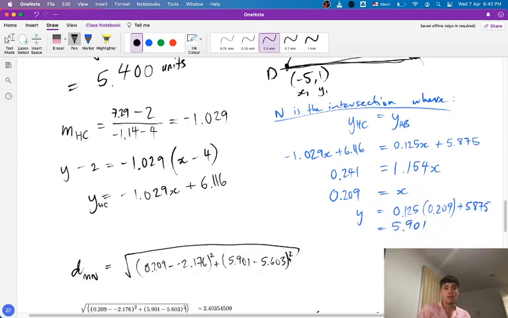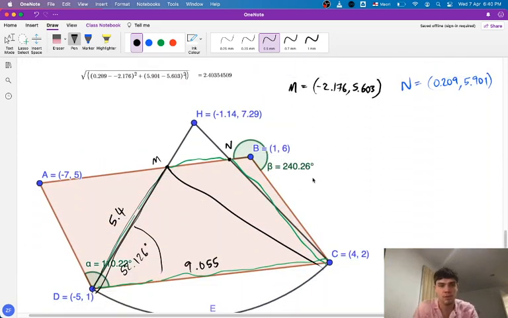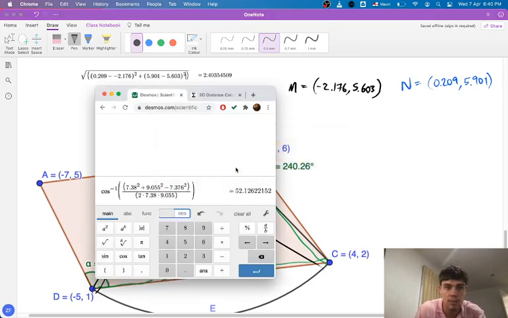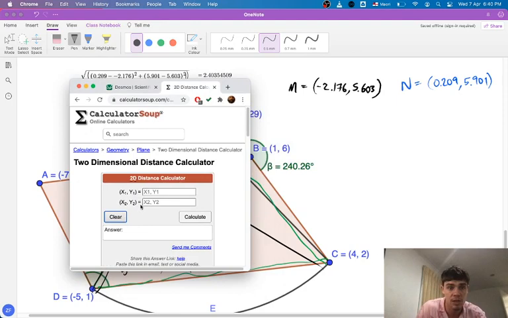I'm totally gonna cheat. So we got M there and C there. Let's go back to my little cheat thing, because I can't be bothered doing this, and you can't be bothered watching me do the same thing over and over again, surely. Okay, so we got M here, negative 2.176, comma 5.603, and then down here we've got 4 and 2.